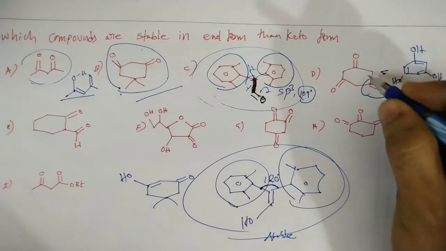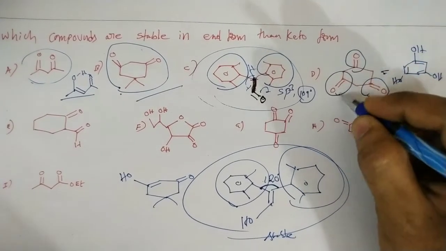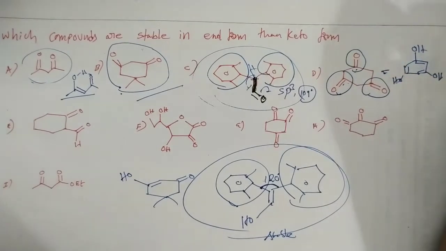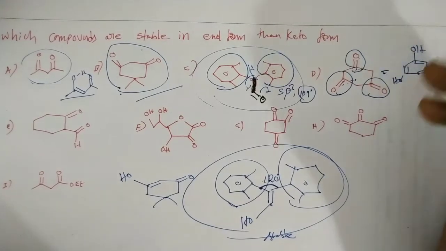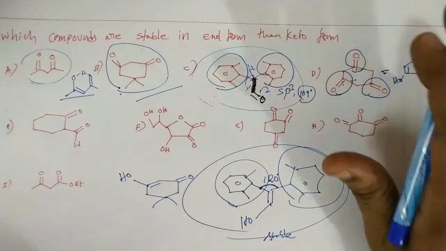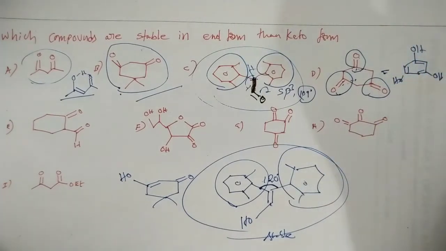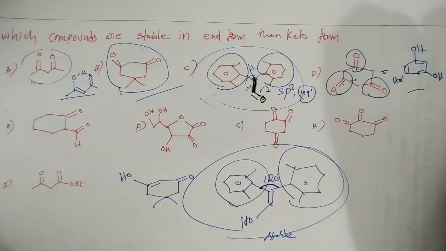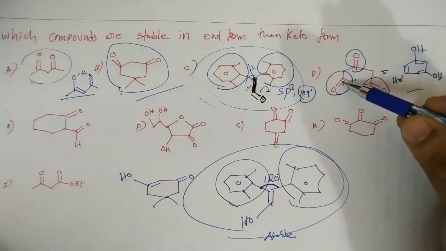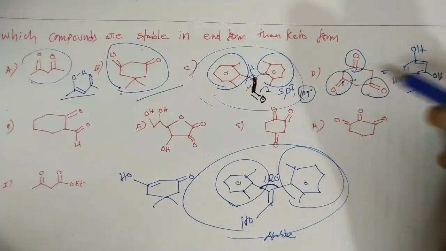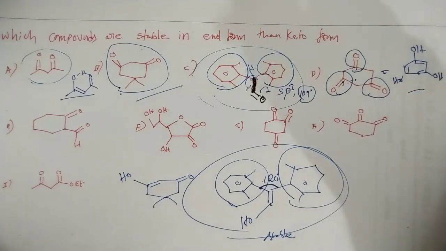Because this compound has three keto groups, and they are not adjacent to each other, so there are no repulsions between similar charged carbons, and the C double bond O has a higher enthalpy of formation, so the keto form is the most stable. Even though the enol form has an aromatic nature, the enthalpy of formation of the C double bond O is higher. That means the keto form dominates over the enol form.